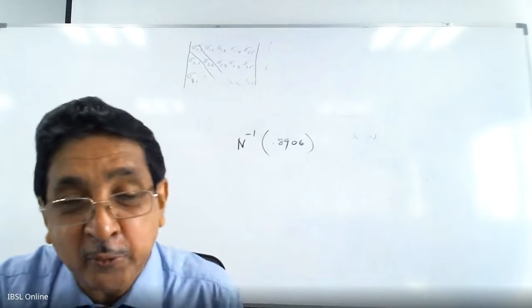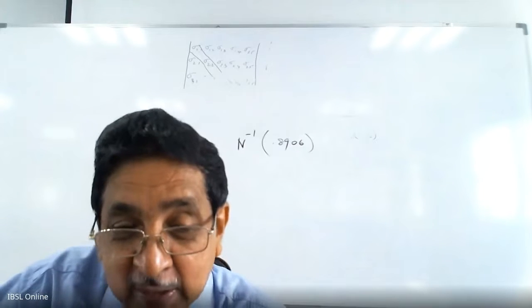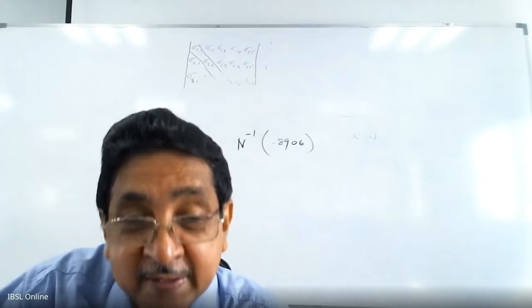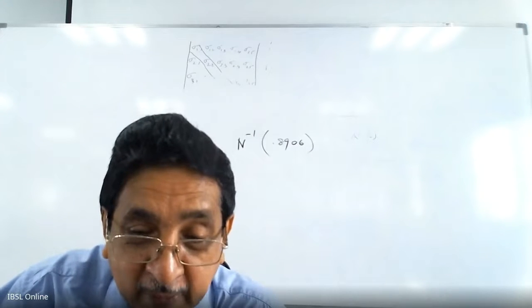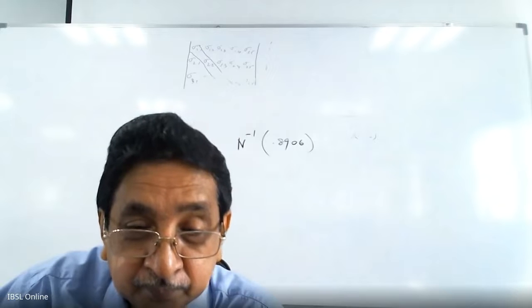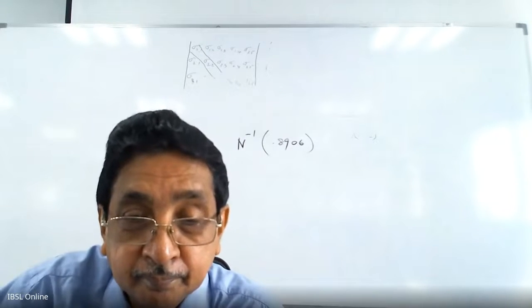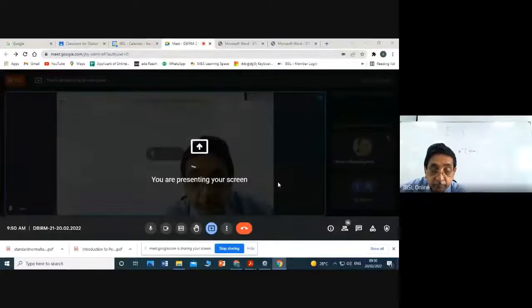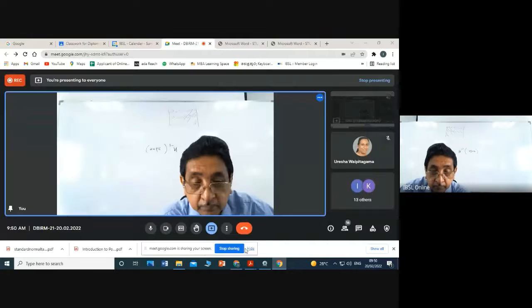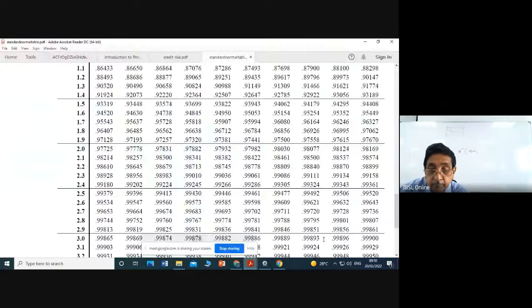Now we are not going to get the n of 0.8906, we are going to get the n inverse of 0.8906.